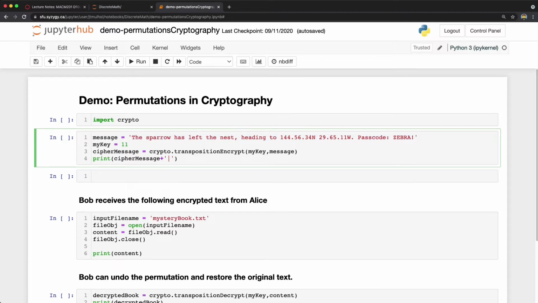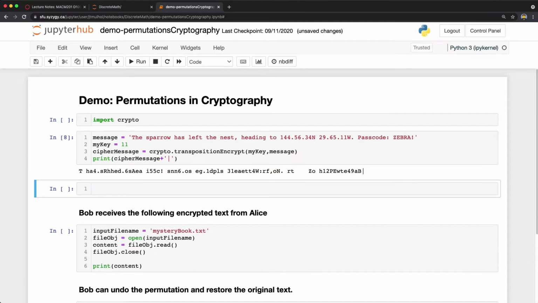What I'm going to do with this secret message is do a permutation on it as a string, just rearrange the characters, and there's the encrypted message. Now you can send that encrypted message off to your spy friends and they can decrypt it. We've sent a message off that will be difficult to crack.